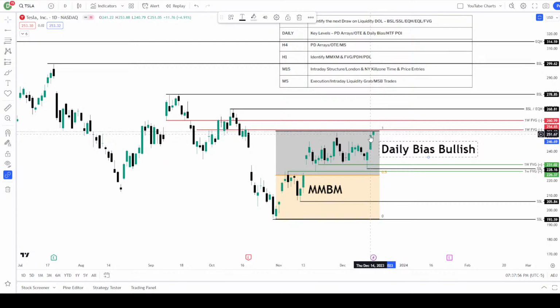Okay, I don't care about the wick so much, but this move, even though a small one, closed above the close of Thursday. Okay, market maker buy model. What do I mean? What we're looking for is for price to potentially give us a good entry. If we're in a market maker buy model, we're looking for maybe Tuesday or Wednesday for a low of the week where we can enter and then we can continue to the upside. So those are why those are important. It doesn't mean that Monday we're going to come out of the gate and go ripping.